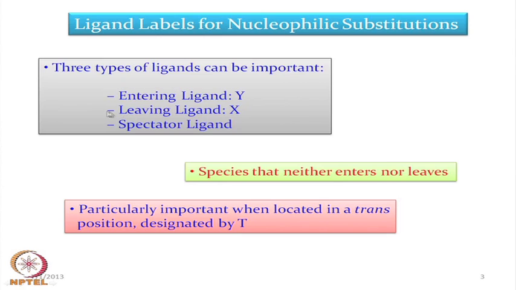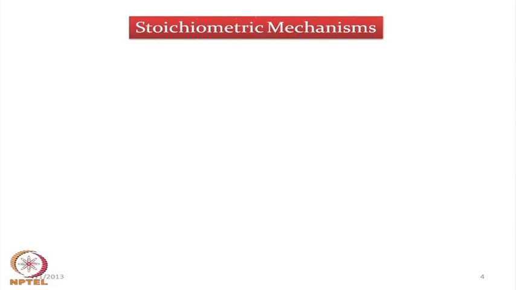That means, whether that particular position is the leaving position or the position is utilized for entering the ligand, trans to that, and these spectator ligands we can consider as the T ligand, which can see the corresponding reaction and can control the corresponding reactivity pattern for these centers.